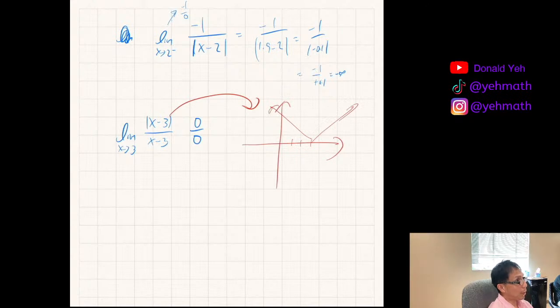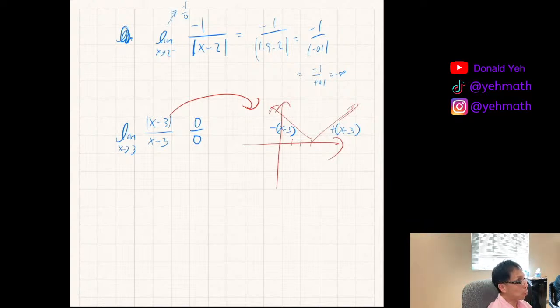Now, I already told you absolute value is a piecewise function. You have to figure out what those pieces are. Remember, this is very important. This is a positive version of x minus 3, and this is a negative version of x minus 3. Since I'm approaching 3, I get 0 over 0, but there's nothing else I can do.